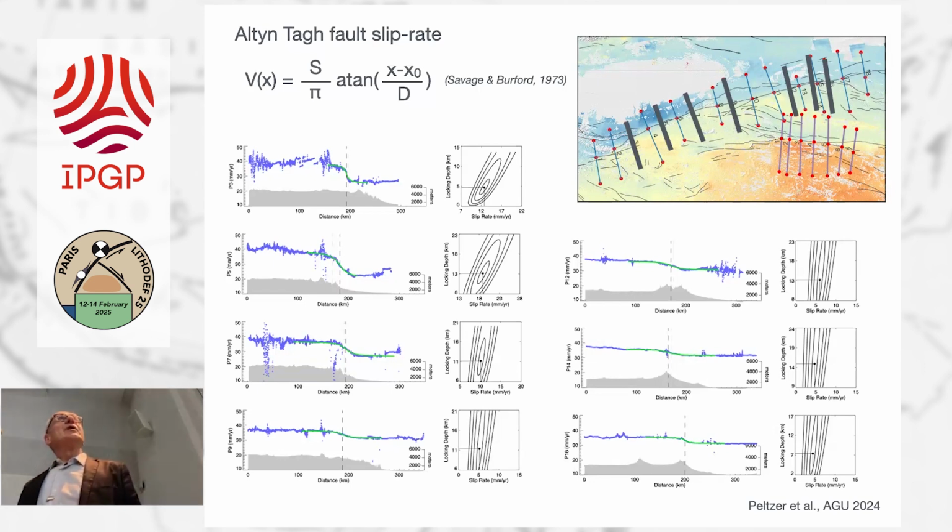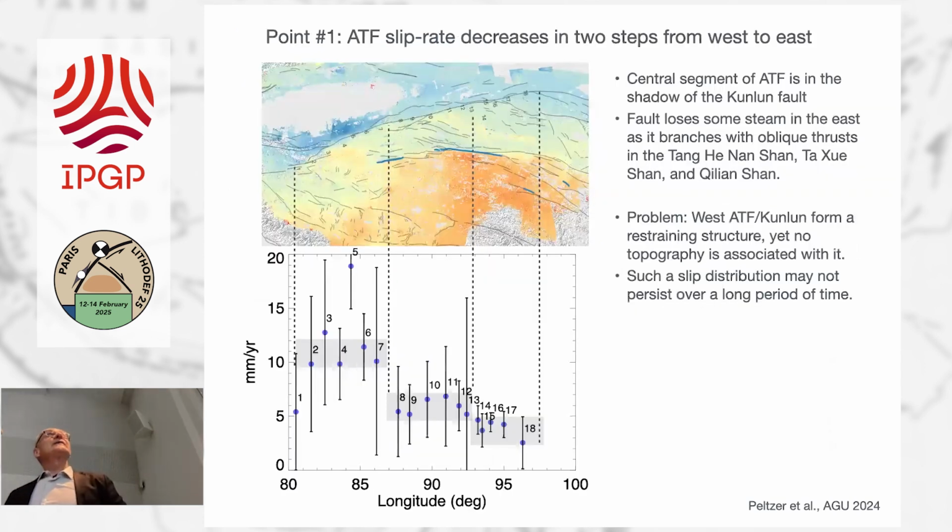So if you collapse all these data sets on a plot, the first point I want to make is that the slip rate decreases in two steps along the strike. It starts with a relatively high rate of 10, 11 millimeters per year, and around this longitude, it drops to about 5.5 or 6 millimeters per year, and then it drops again in the eastern part where the fault branches into the thrust fault in the Qilian mountains on the northeast part of Tibet.